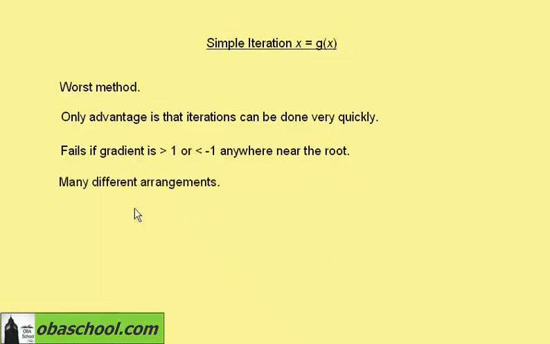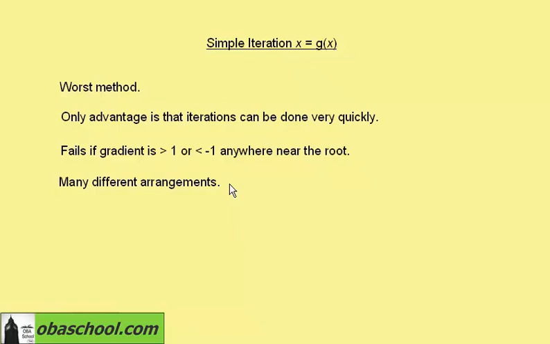Another problem is that there can be many different arrangements. We have the equation f of x equals 0 to start with, and we have to arrange this into x equals g of x. And there's often many ways of doing this. It's very difficult to know at the outset which arrangement is going to find the root we're interested in.